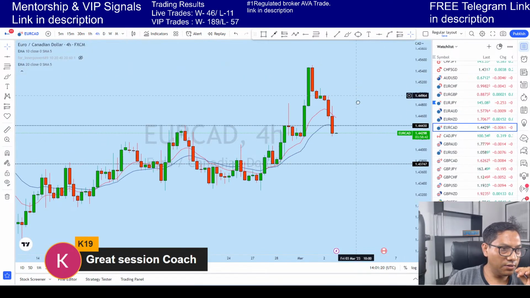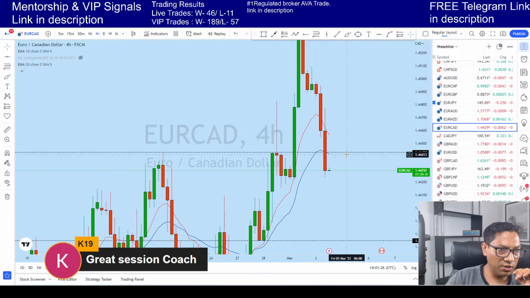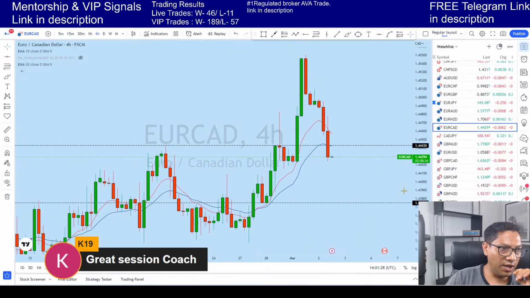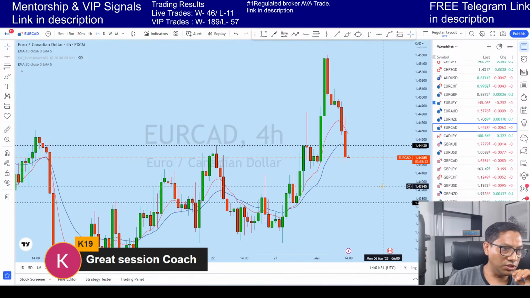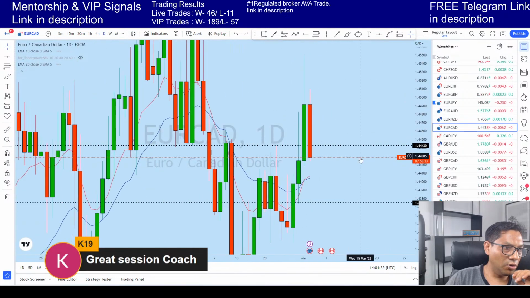Euro CAD, so we saw that Euro CAD has closed here. We might see this one also push to the upside, highly likely, because the 20 EMA has not been tested yet, and this market on the daily already came to a level of support, and from here we should see a spike to the upside.